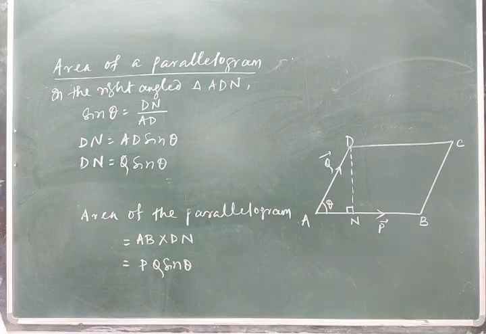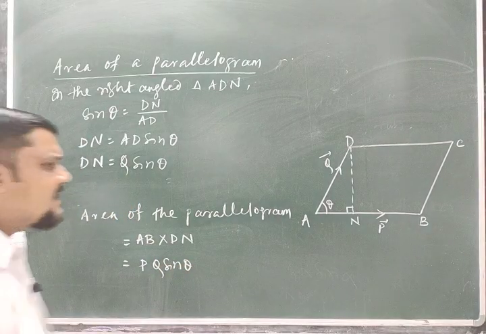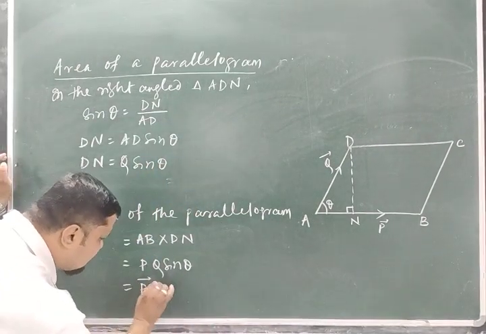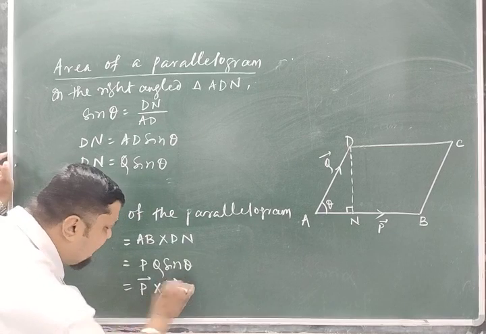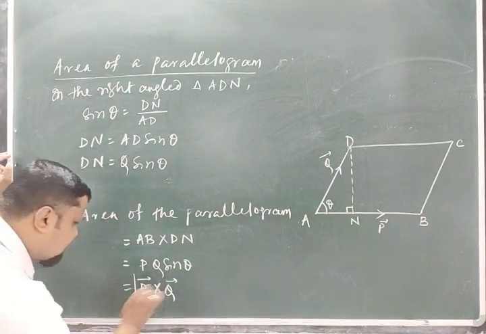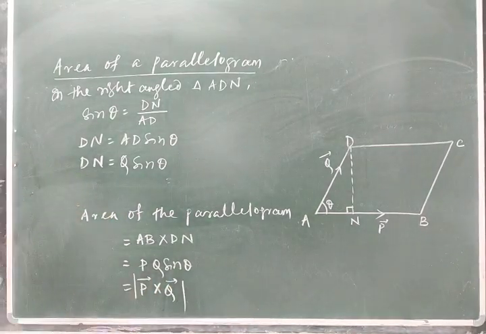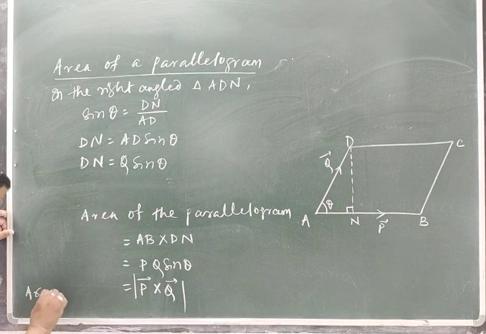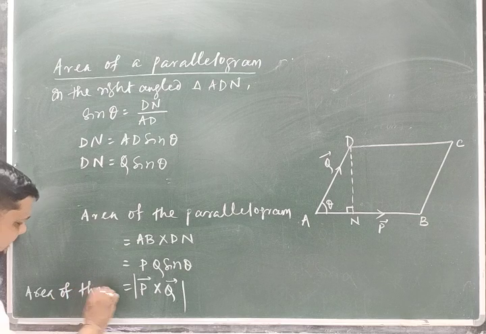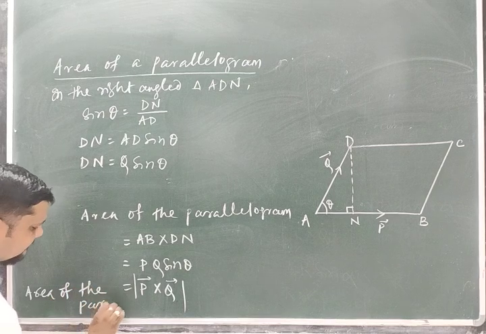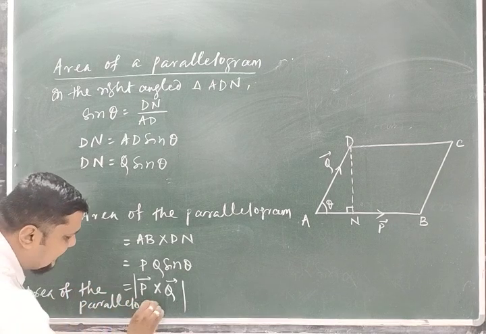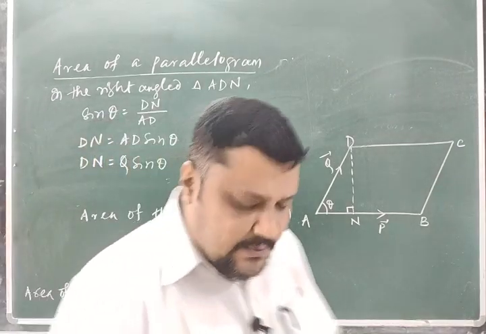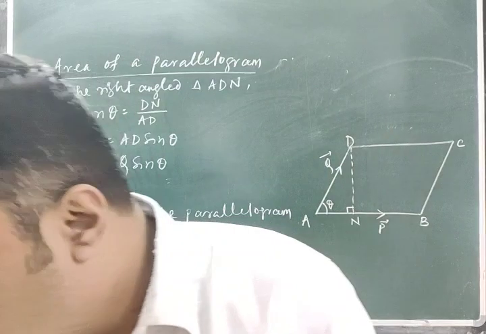So this represents P into Q sin theta. For the two vectors P and Q, if you do the cross product, P cross Q is equal to PQ sin theta n cap. If you take the modulus, this is equal to PQ sin theta, and this is the area of the parallelogram. Area of the parallelogram is equal to the magnitude of P cross Q. Clear? So that is the proof part.